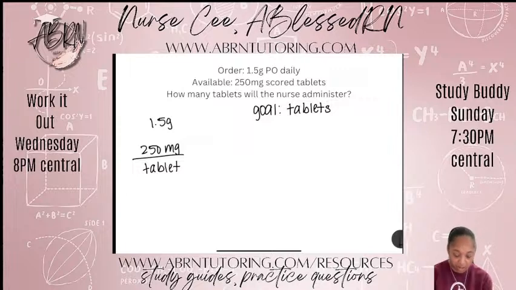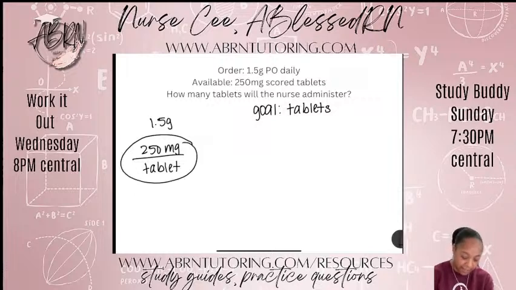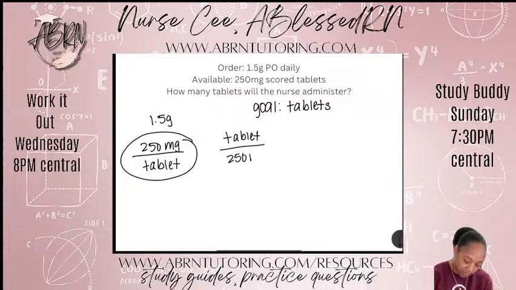Guess what I'm going to start with? My tablets. So this puzzle piece right here has the tablets in it, okay? So tablet is going to go on the top because that's what my goal is. It's going to be first and it's always going to go on the top. I'm always going to start with what I'm looking for. If I start with what I'm looking for, I don't have to go and find it. So tablet over 250 milligrams. What's together stays together.